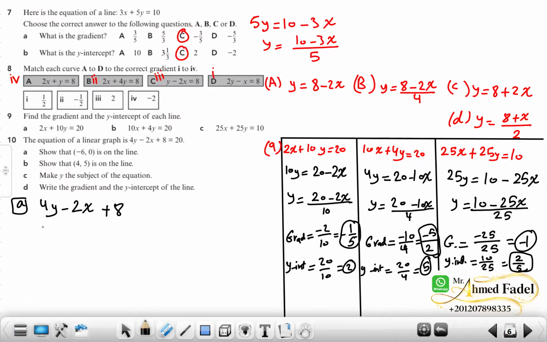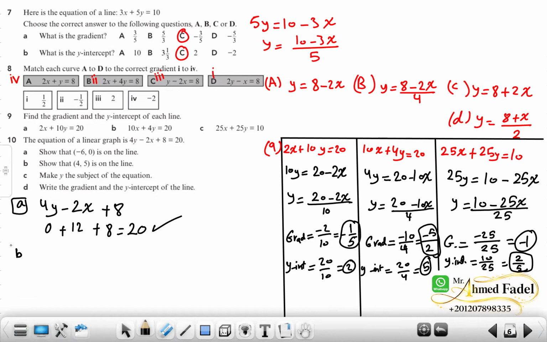So y is 0, so 4 times 0 is just 0, minus 2 times negative 6 is positive 12, plus 8. It is going to give me 20. That's how we show that this point is on the line.